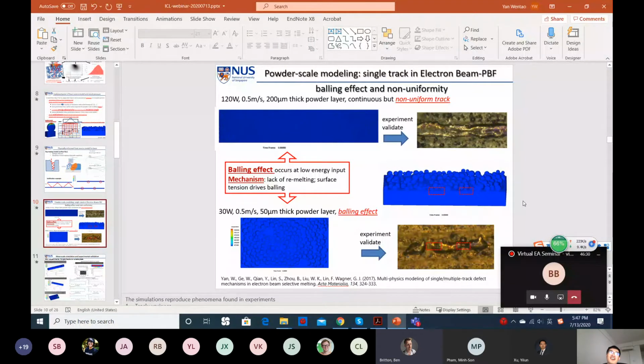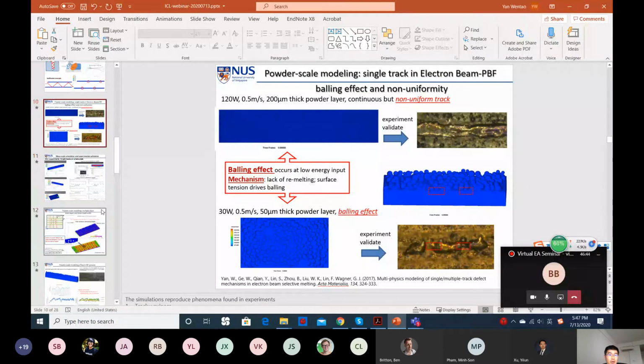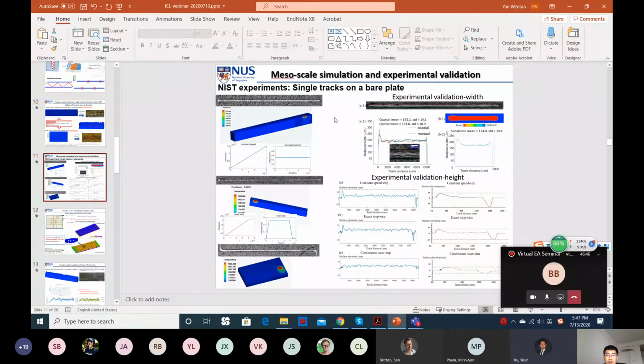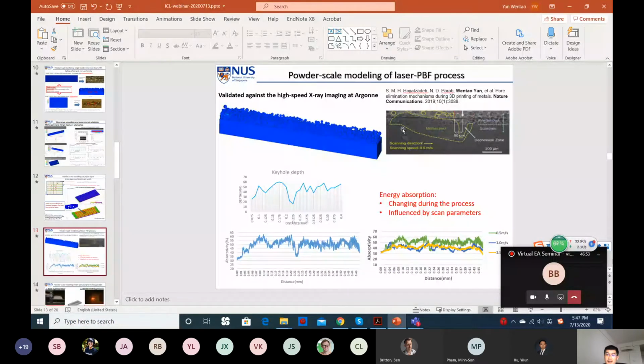Oh, okay. That's a very good question. Qualitatively, the phenomena in experiments and simulation agree pretty well. And in the following, the quantitative validation is also good, including the direct comparison with the in situ X-ray imaging.